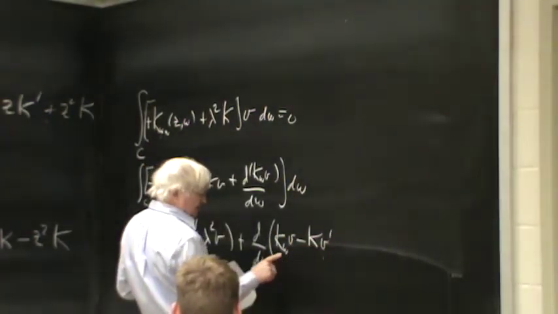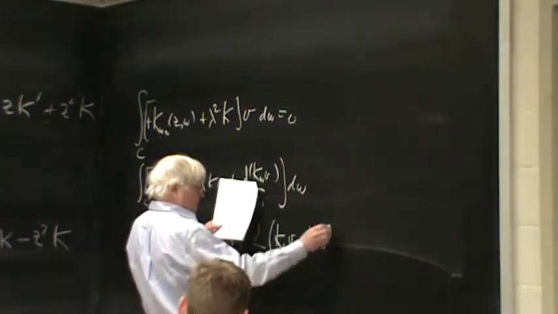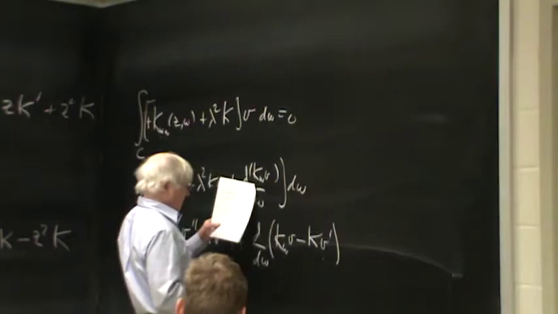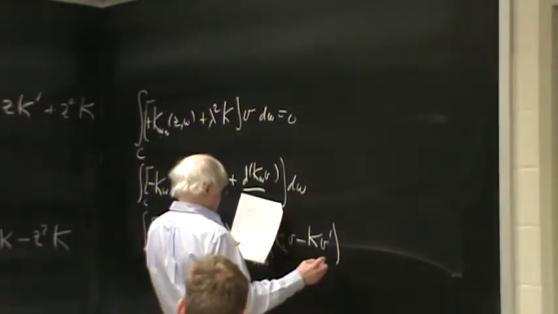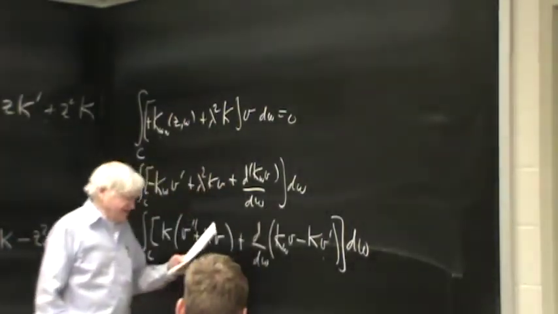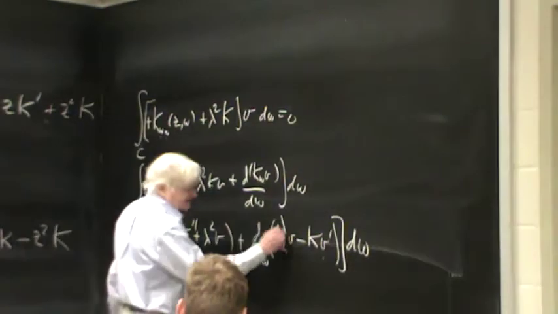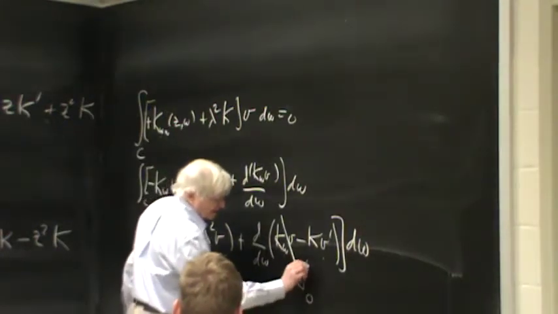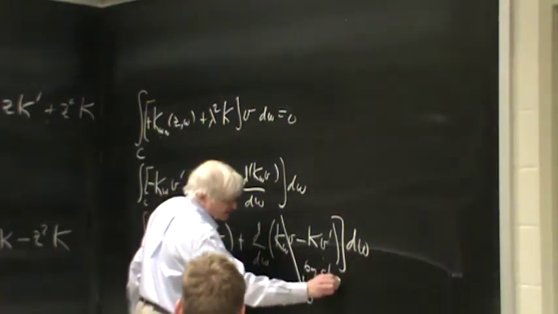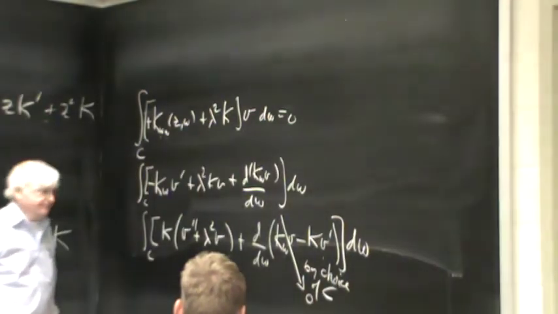Prime means d by dw. K sub W means dw of K. So I could have written K prime. dw. Okay. The next thing is that you choose the contour to make these guys go to 0 by choice of contour C.